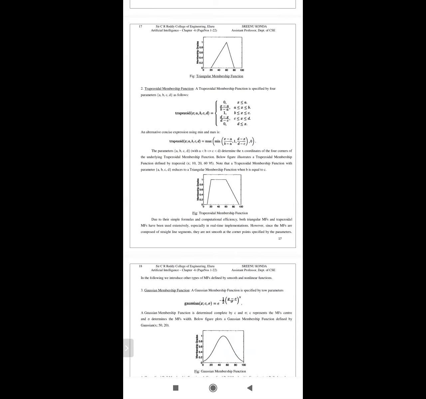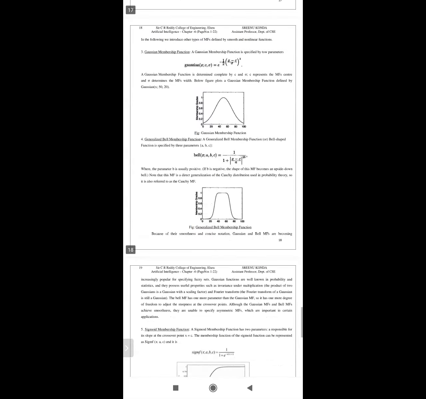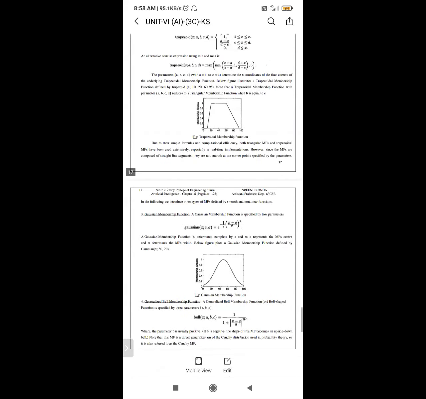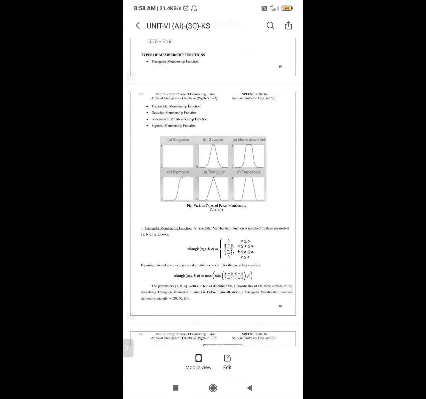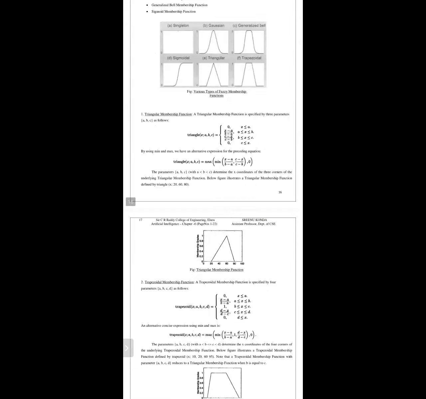Because of that, I'm going to use the remaining membership functions: Gaussian, generalized Bell membership, sigmoid, and others. Okay. So see this one.